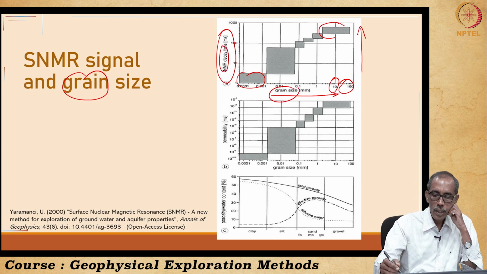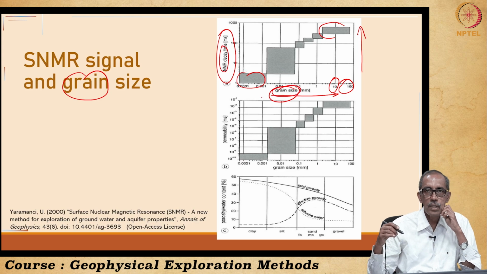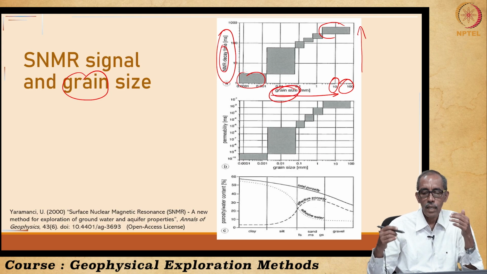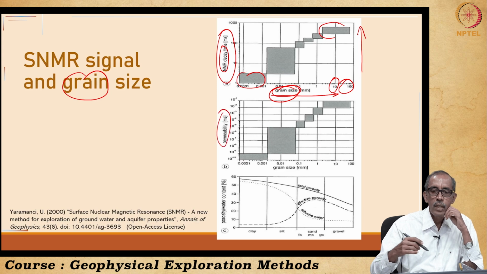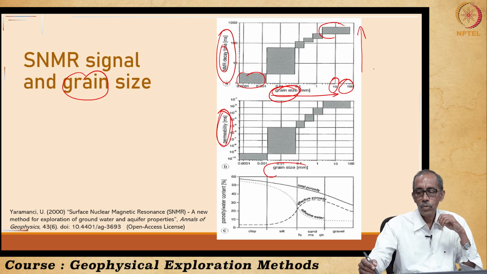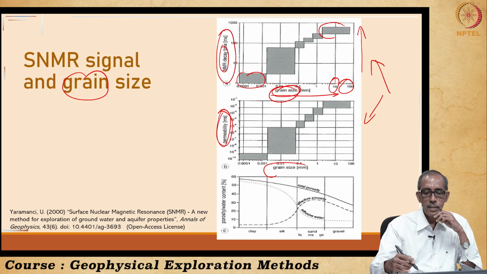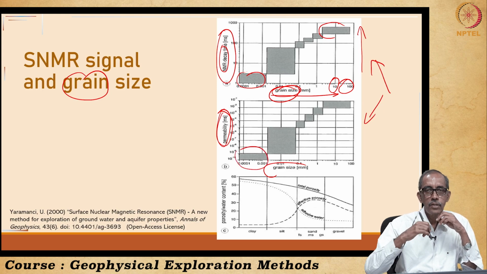Once you are able to understand the grain size distribution, grain size can also be related to the permeability. So, here is the grain size versus permeability. These two relations are more or less identical. When the size of the grains is small, both of them are more or less similar.